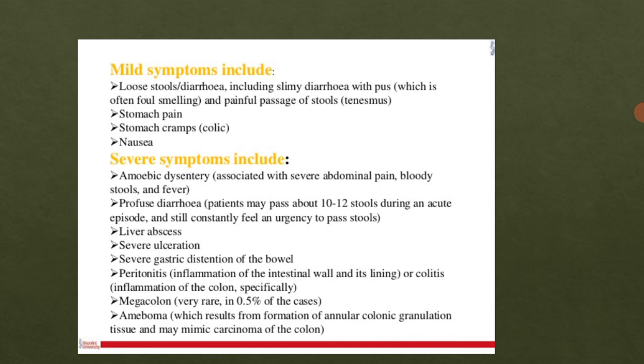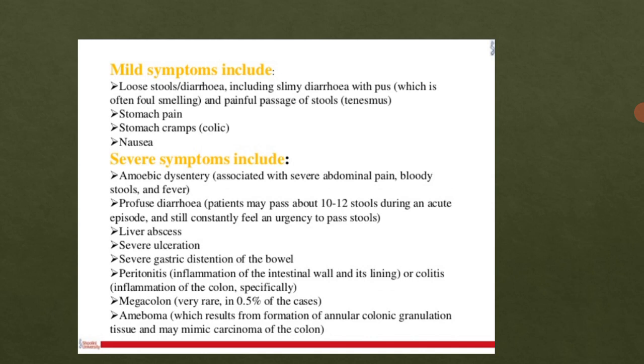Alright, now if we consider the severe stage, then the severe symptoms will include amoebic dysentery. In this, what will happen? In the stools blood will be present, with abdominal pain and fever. Then profuse diarrhea.